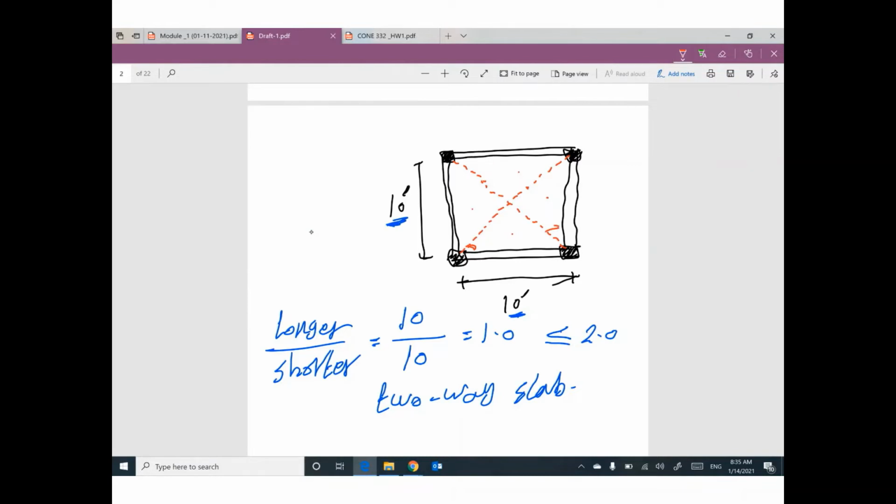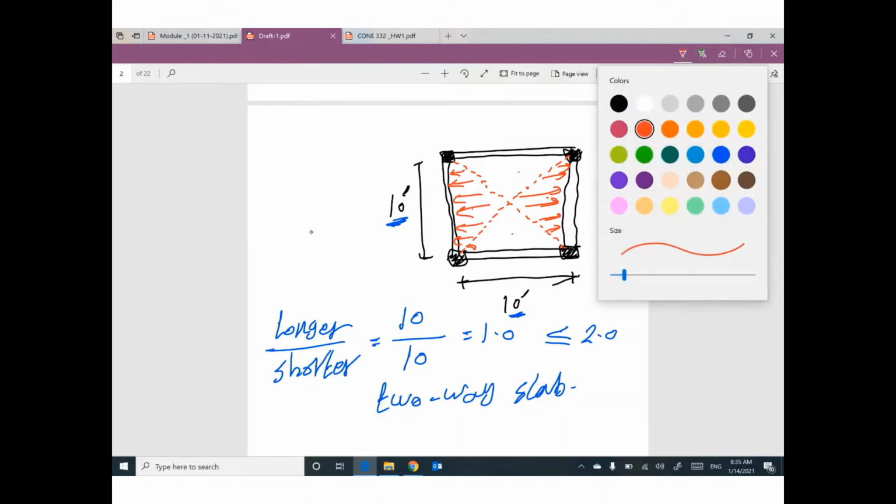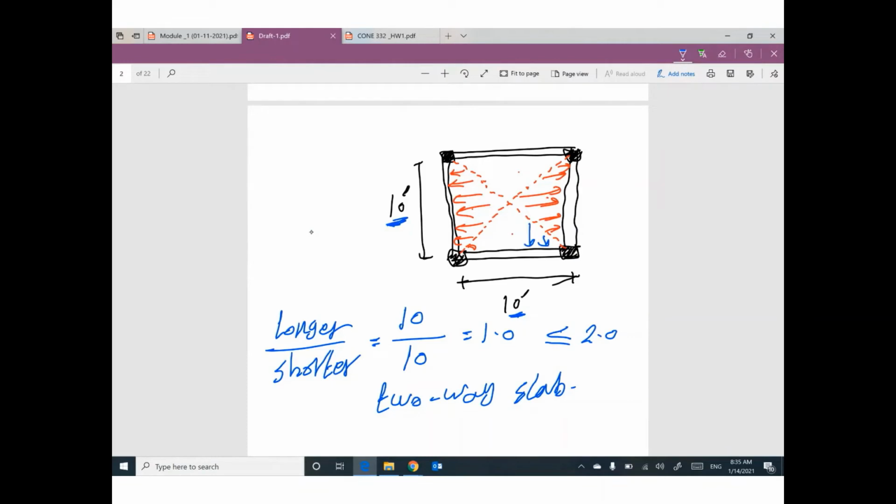This triangle is assigned to this beam, and this triangle to this beam, and this triangle to this beam, and this one to this beam.